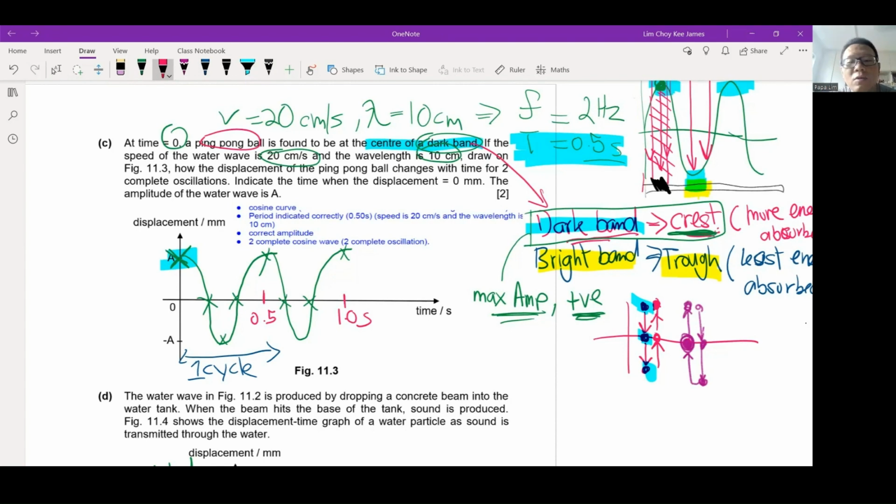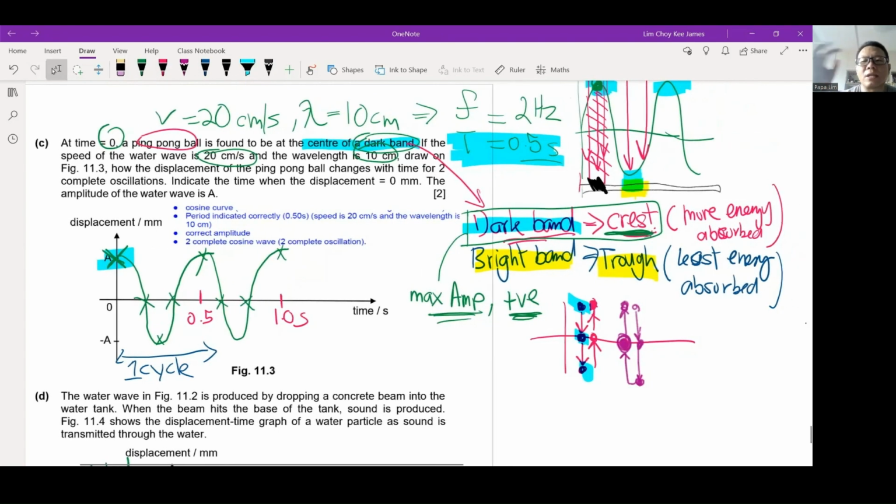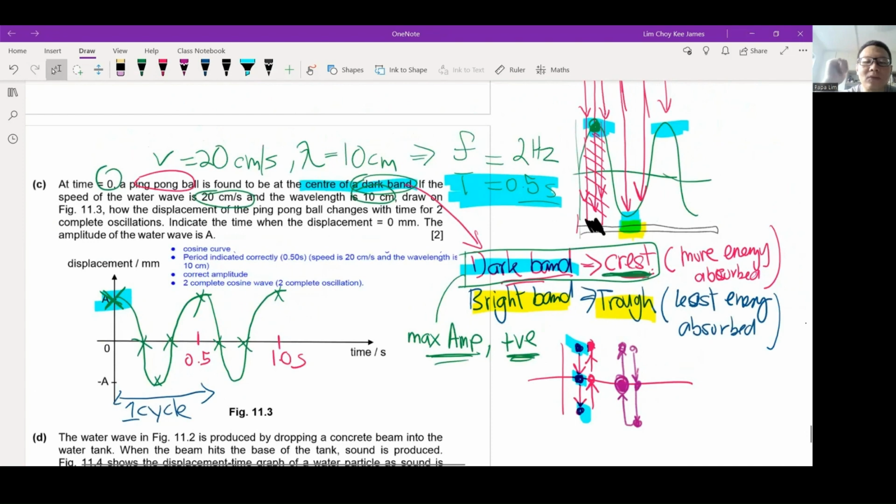For this question, the important fact that the students have to elicit is that it comes in 2 parts. First, the students must know that the speed and the wavelength will give us one important piece of information, known as the period. Second, the student has to elicit the information of the statement center of dark band. What do dark band and bright band mean in terms of your wave location?